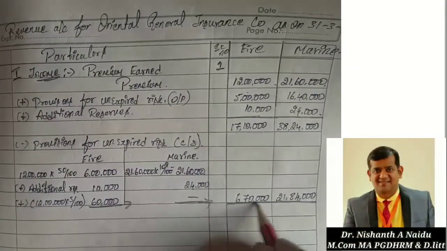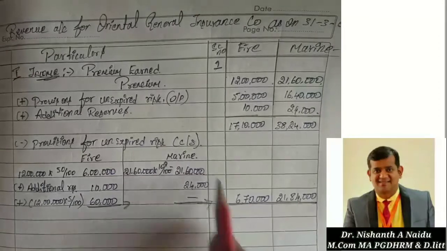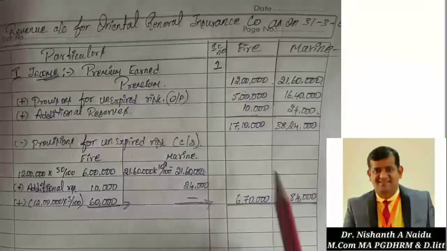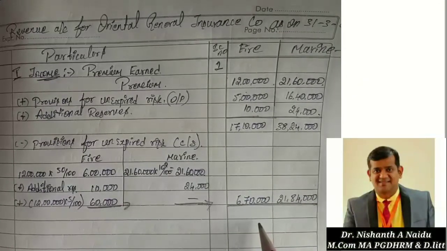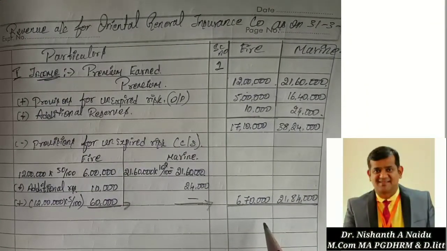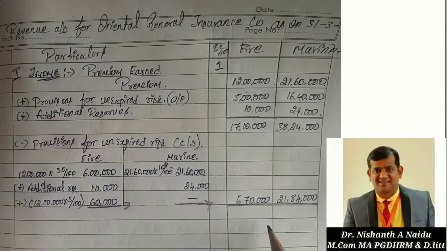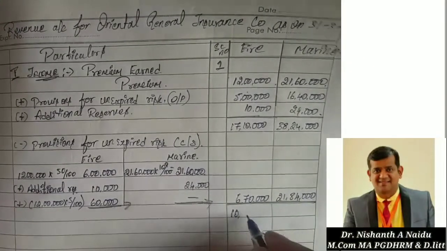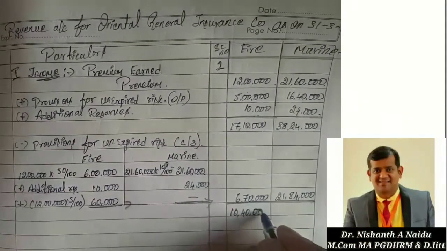Understood the calculation part? I have done the entire working here only. So now 17 lakh 10,000 minus 6 lakh 70,000 comes to 10 lakh 40,000.